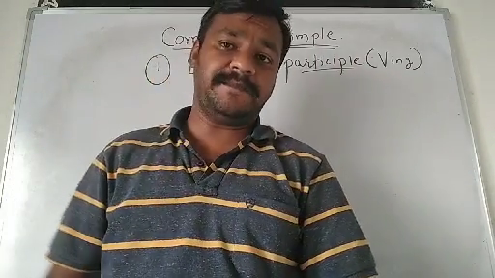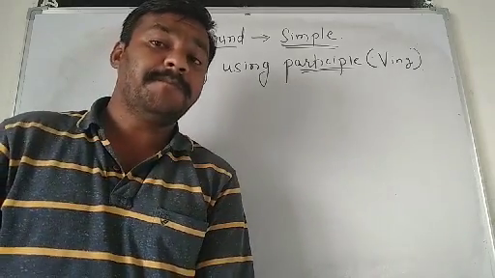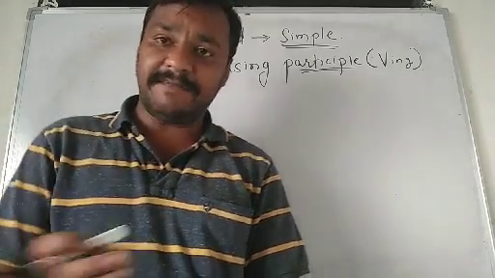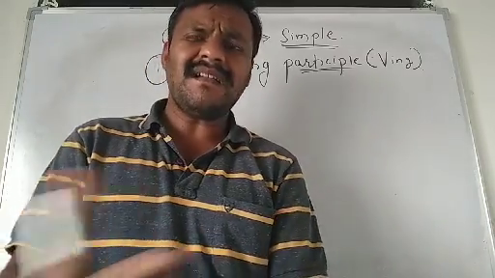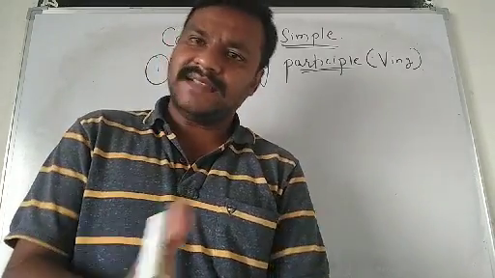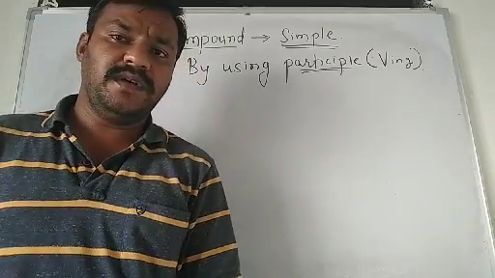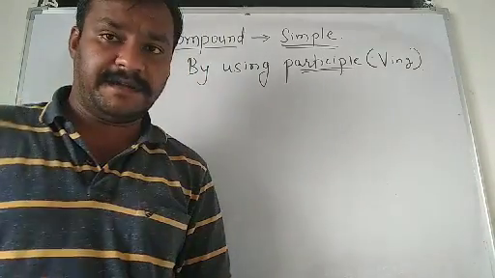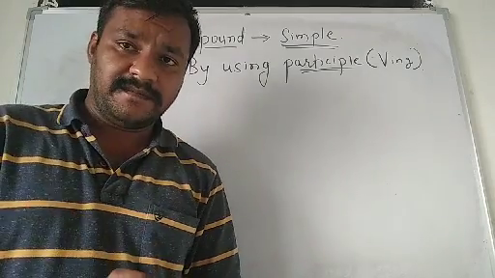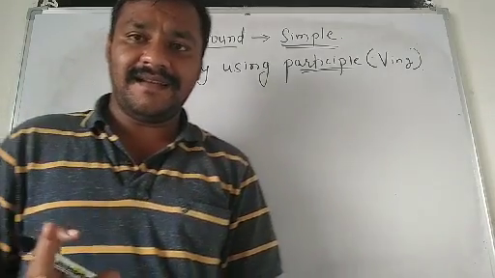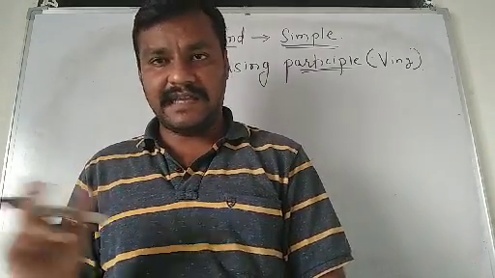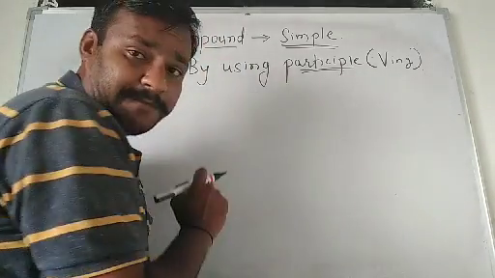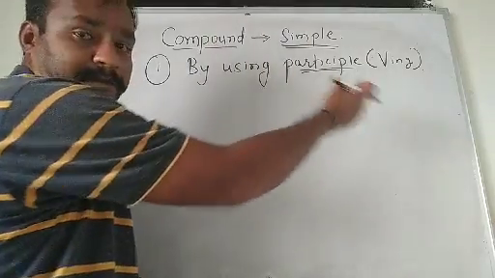It may be a present participle, a past participle, or a perfect participle. If we add the ing suffix to the verb, it becomes a participle, as I told you. Run, running. Sit, sitting. I am adding ing, so it becomes a participle. Why is this participle form needed? We have to change compound into simple sentences.